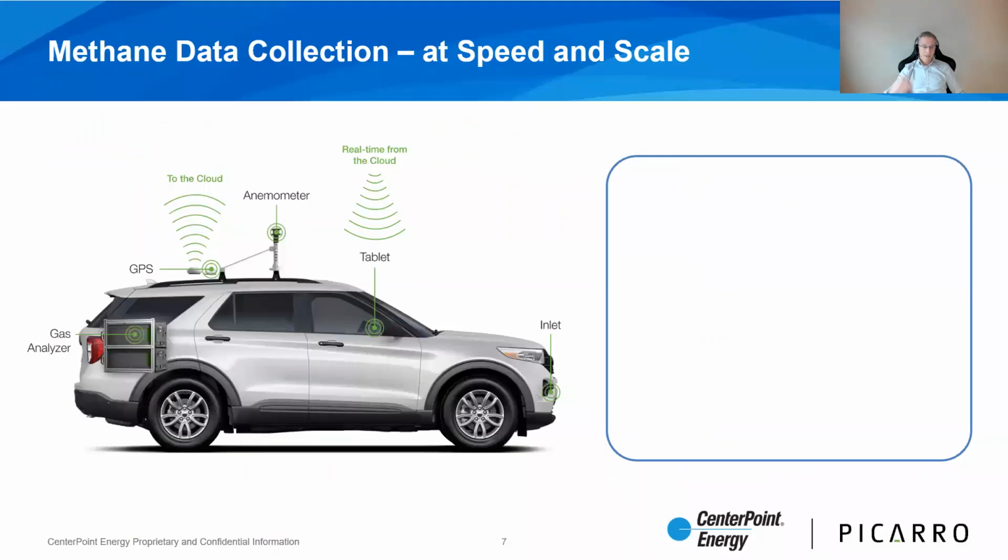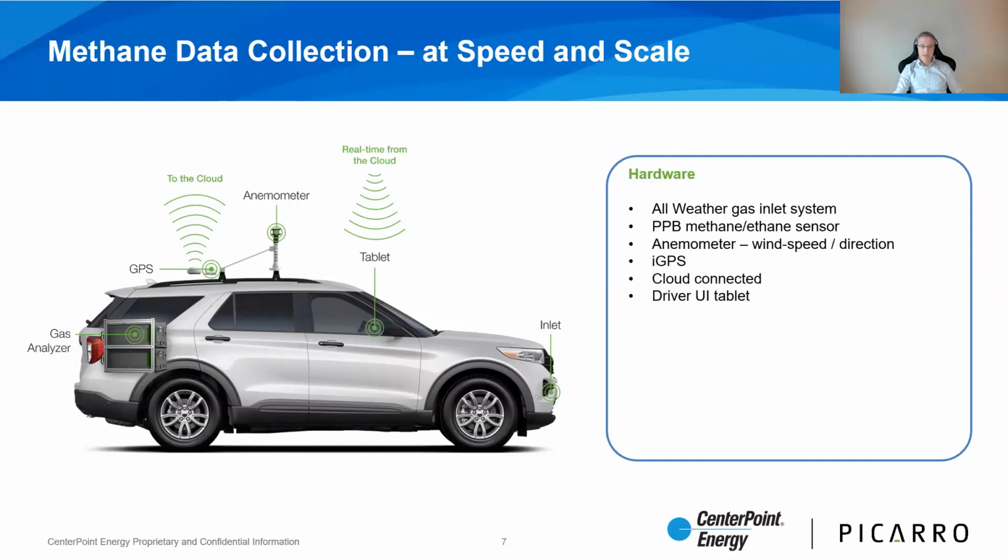So how do we accomplish this in terms of technology? We embed our technology in regular commercial vehicles that can scan infrastructure. In terms of hardware, we have a gas inlet system, which collects the sample of the air at 4 hertz. So 4 times per second, we take in the air and the potential methane plumes contained in the air sample. And we have a parts per billion methane and ethane sensor mounted in the back of the vehicle.